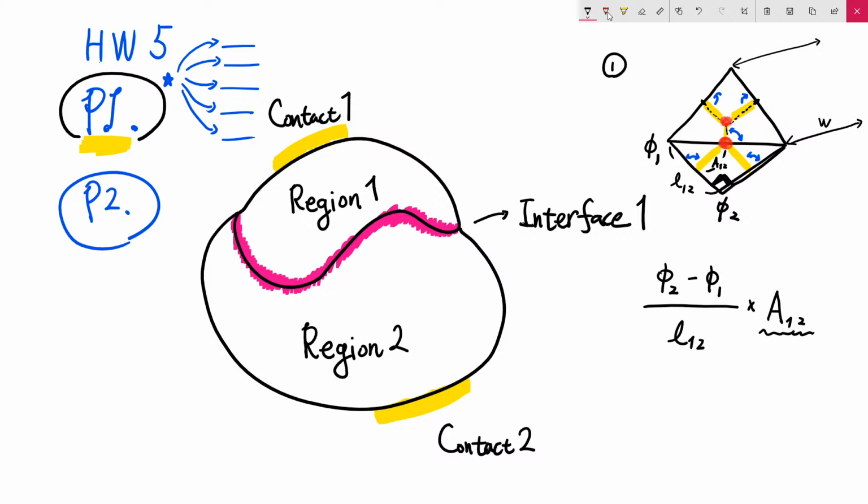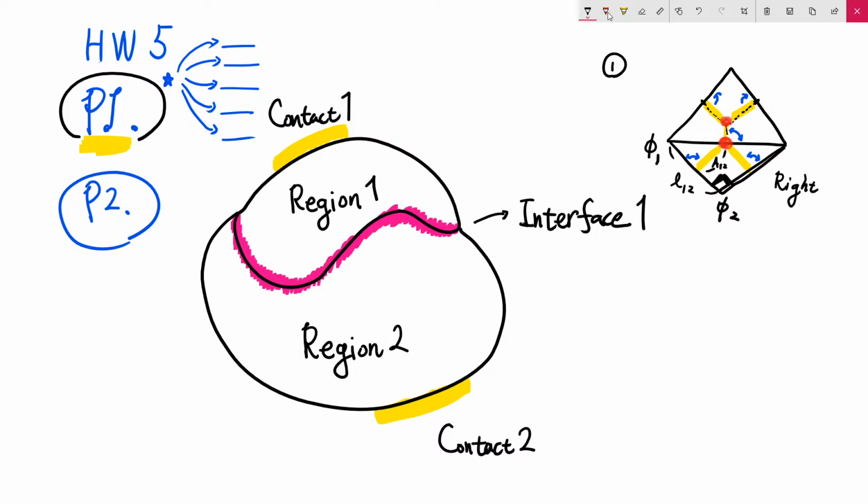So that was our current situation. I hope everybody in this classroom has considered it this way. Then my question is inspired from Mr. Park's question. Now this one is a right triangle and this one is acute.